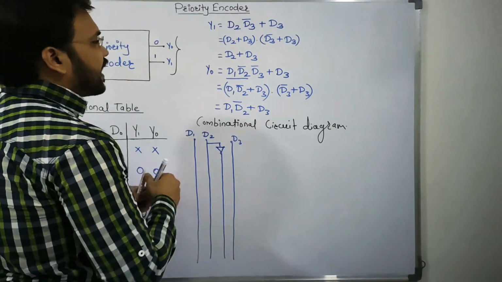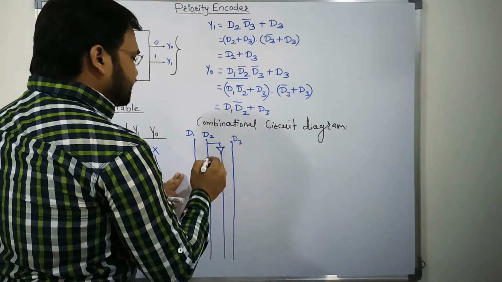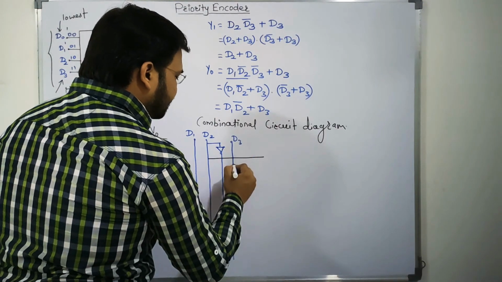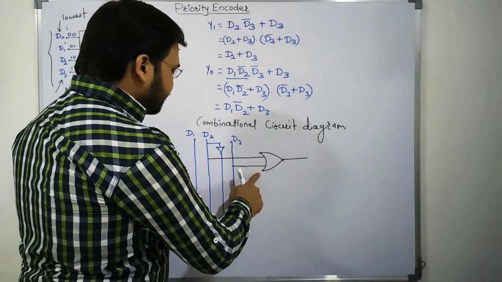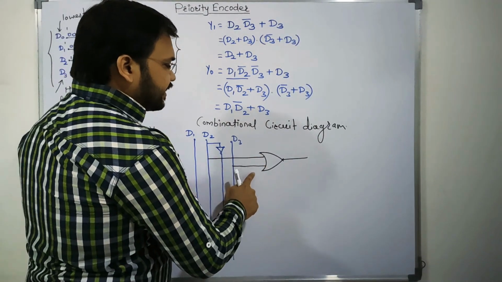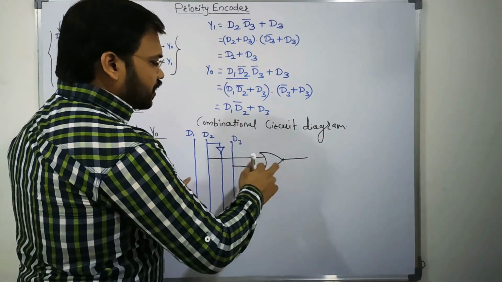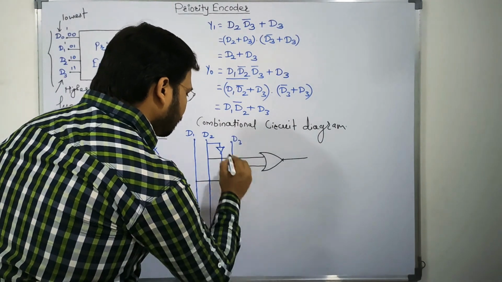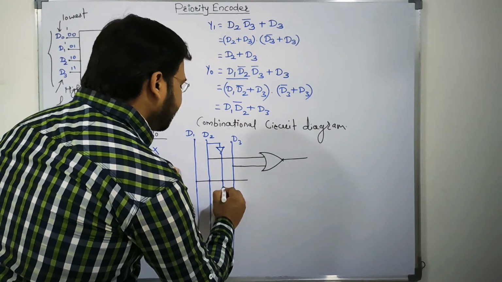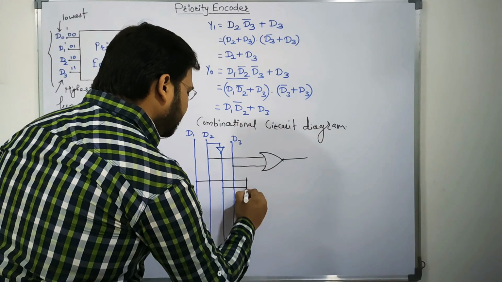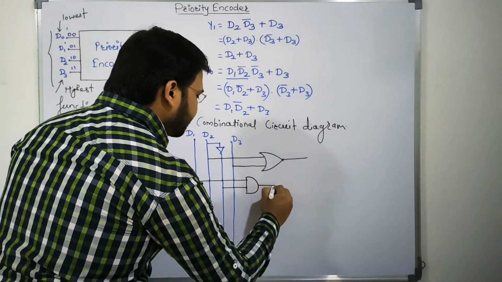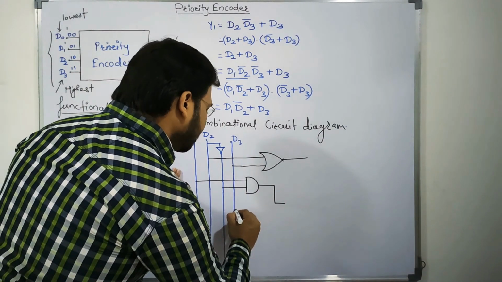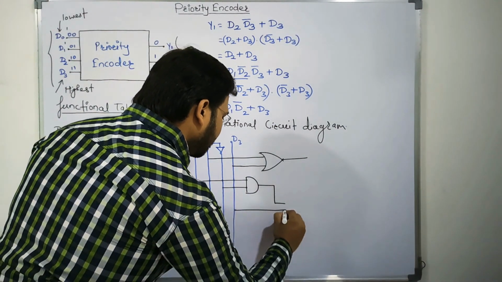Next, for Y1 it is D2 plus D3. So D2 and D3 go to an OR gate, so we draw it using an OR gate. One line from D1 and D2 bar goes to an AND gate, and one line from D3.